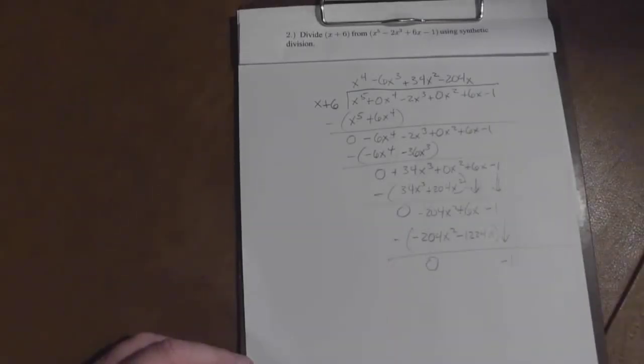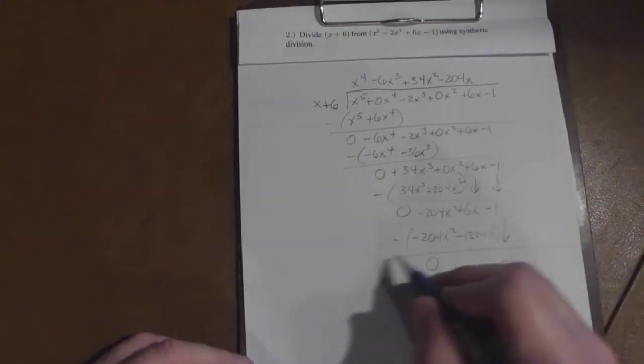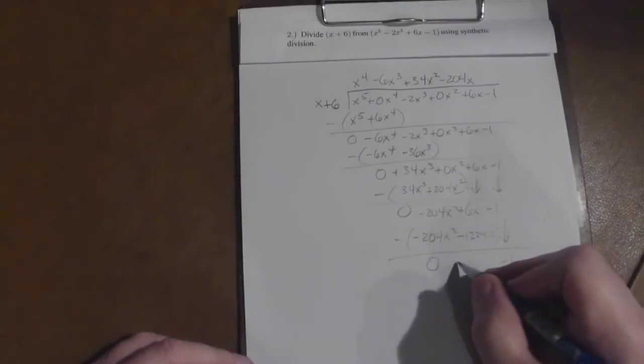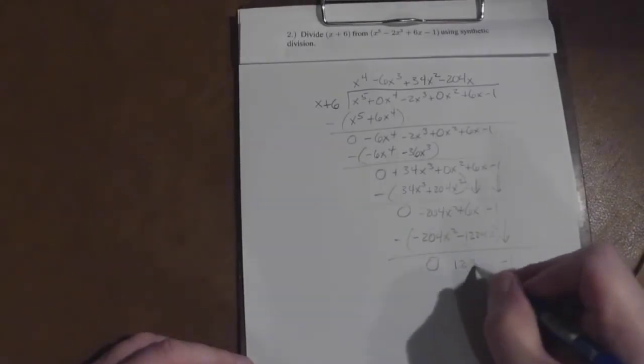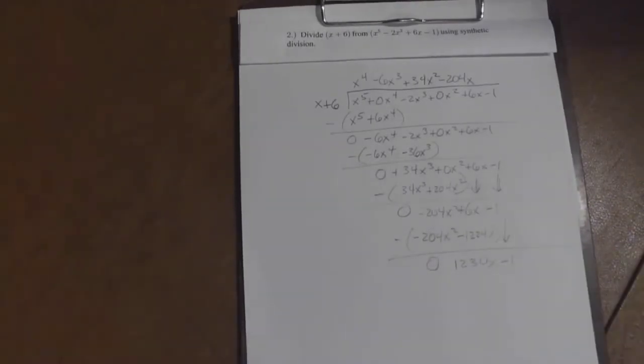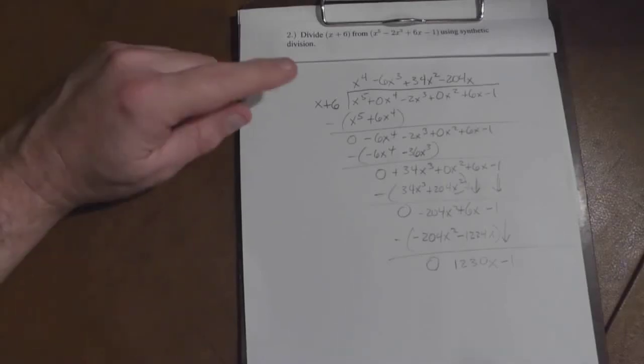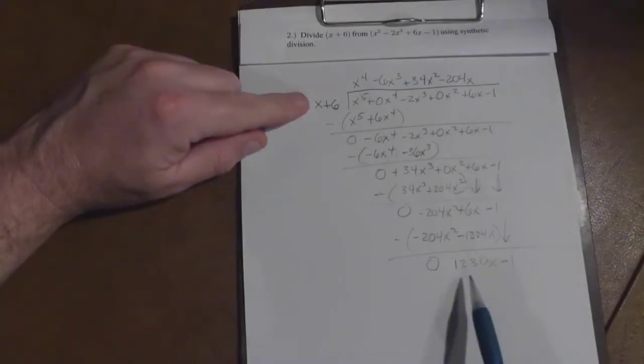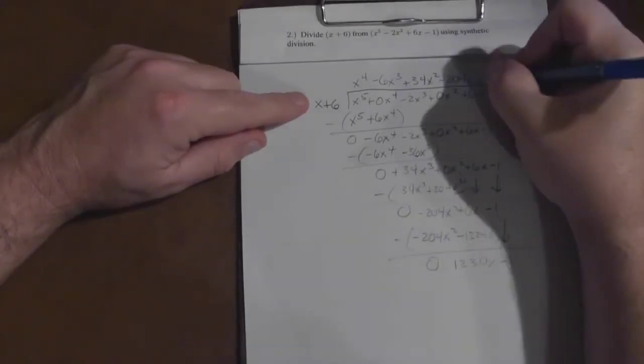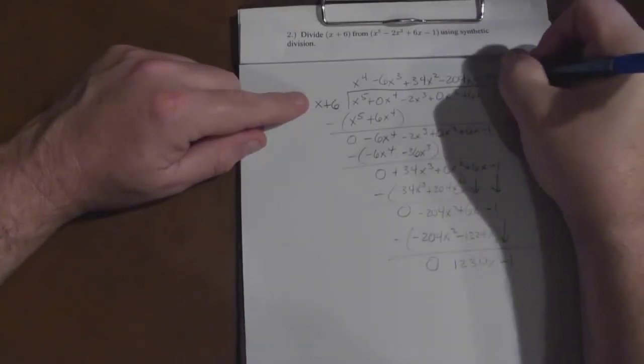6x minus negative 1,224x is 6x plus that quantity, so this would actually be 1,230x. Right? Now, what times x gives us 1,230x?